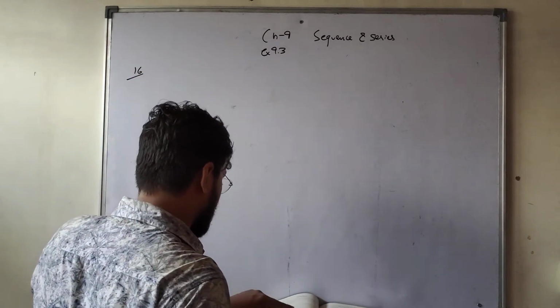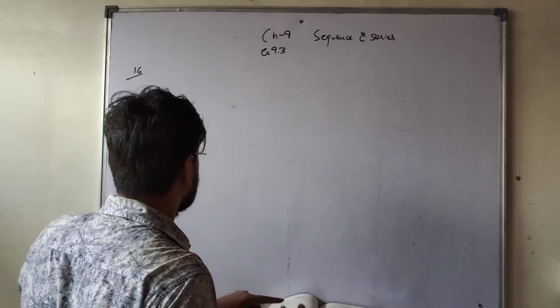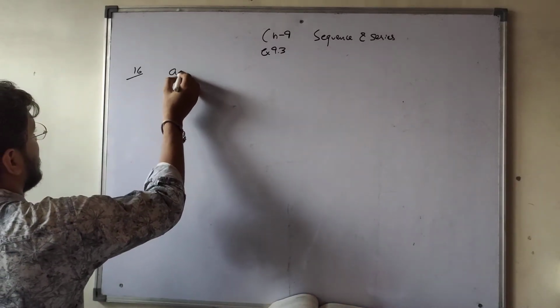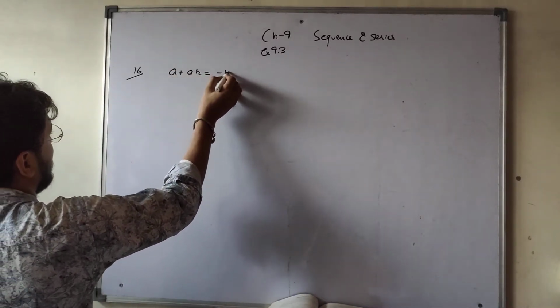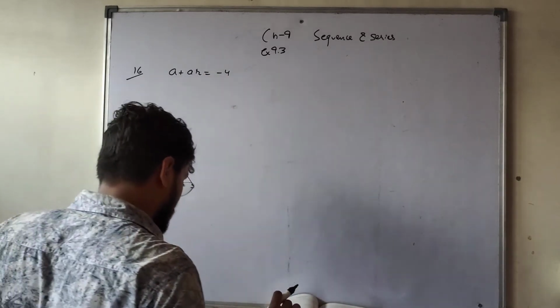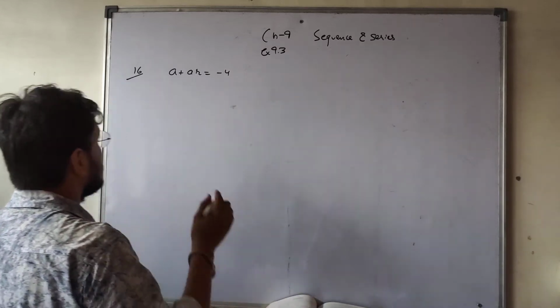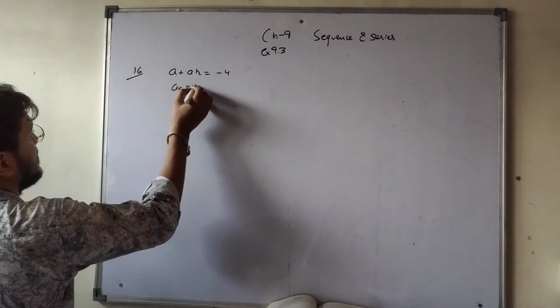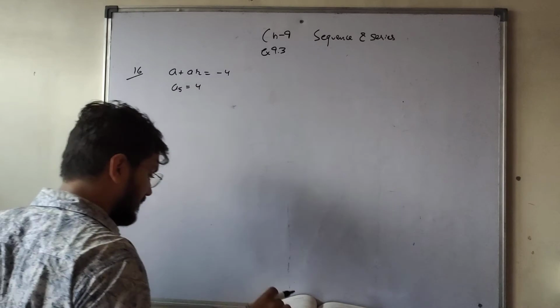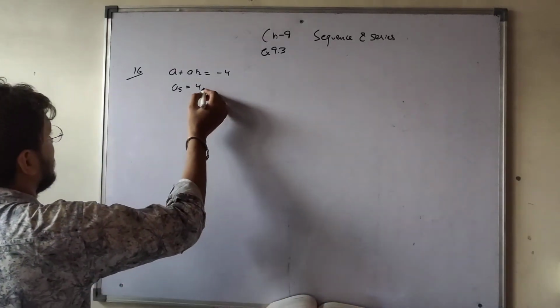Find a GP for which the sum of the first two terms is -4. Sum of first two terms: a plus ar is -4, and the fifth term is 4 times the third term. So a5 is 4 times a3.